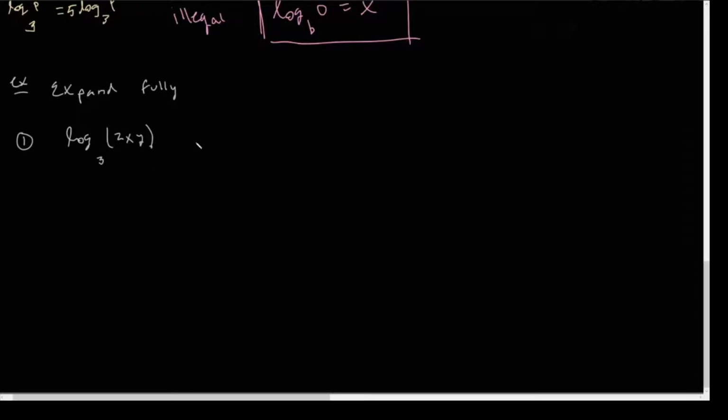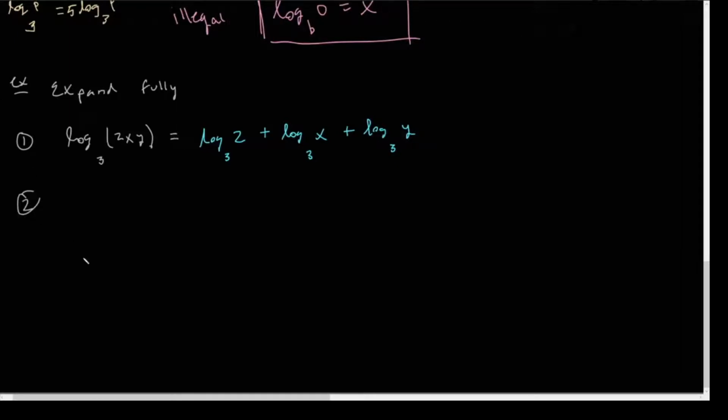When you have a product on the inside, that turns out as a sum when we expand. This becomes log base 3 of 2 plus log base 3 of x plus log base 3 of y. That's it. I've just split them up. Not too bad.